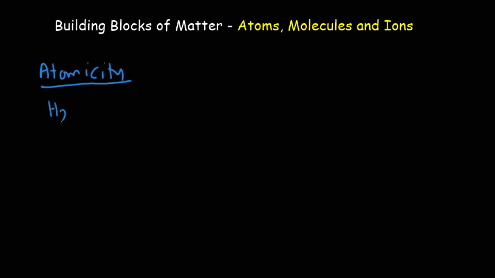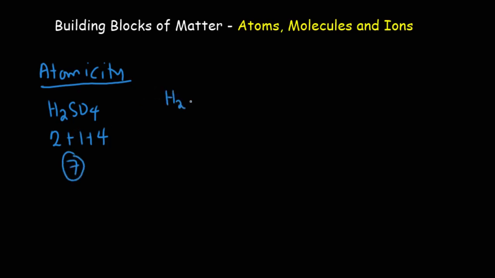So let's take a look at a molecule like sulfuric acid. In the sulfuric acid molecule, or H2SO4, we have 2 hydrogen atoms plus 1 sulfur atom plus 4 oxygen atoms, and so the atomicity of H2SO4 is 7.